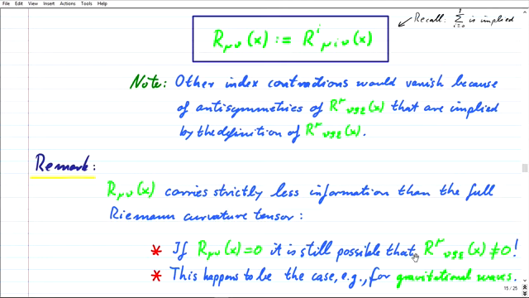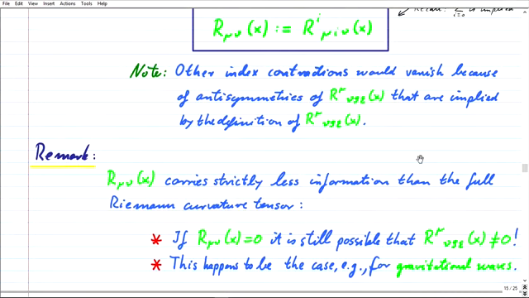You see, if you're given that tensor, you cannot reconstruct what this one is, because you cannot undo a summation, right? If you're told that the sum of 2 numbers is 8, you don't know whether that's because somebody added 4 and 4 or somebody added 3 and 5. And so in principle, it is possible that the R mu nu does not contain all the information that the full Riemann curvature tensor had. And that is indeed the case.